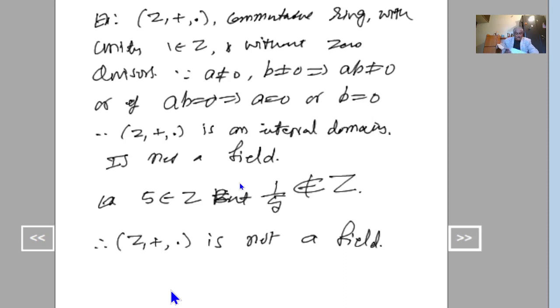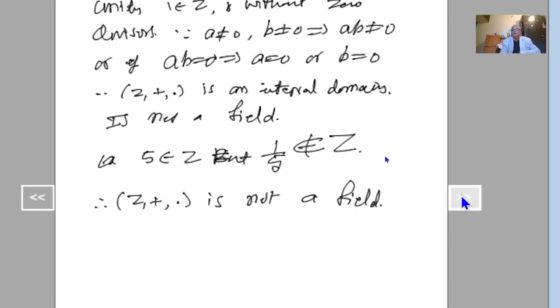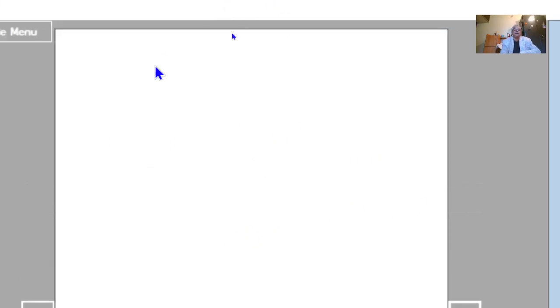Are there any integral domains which are fields? Yes. Some integral domains are there which are fields. That is, finite integral domain is a field. Finite integral domain is a field. I will prove this as another theorem here.